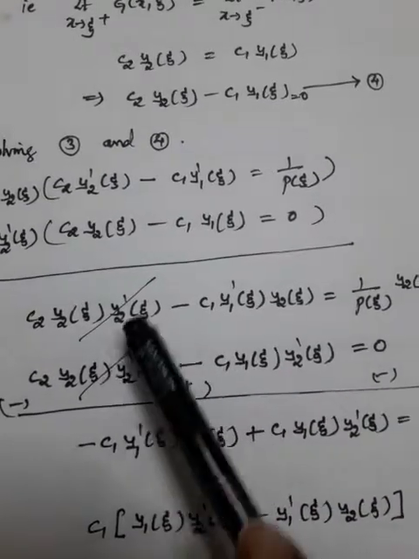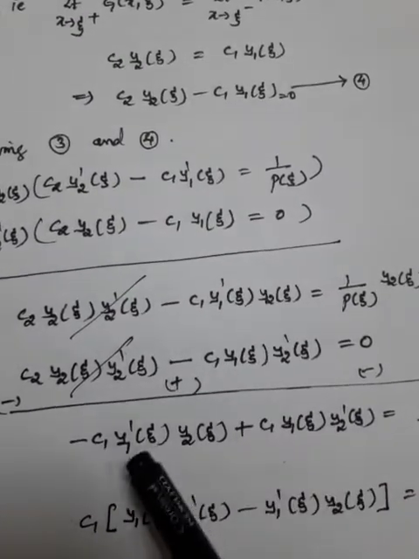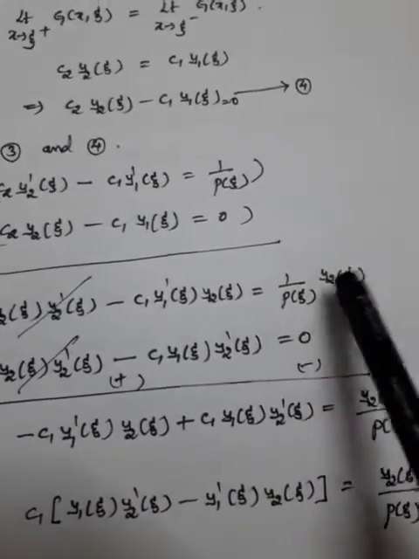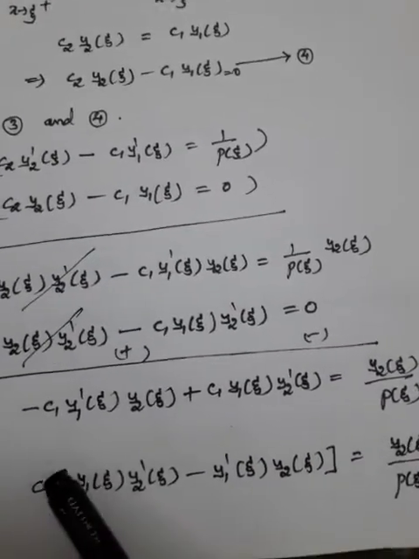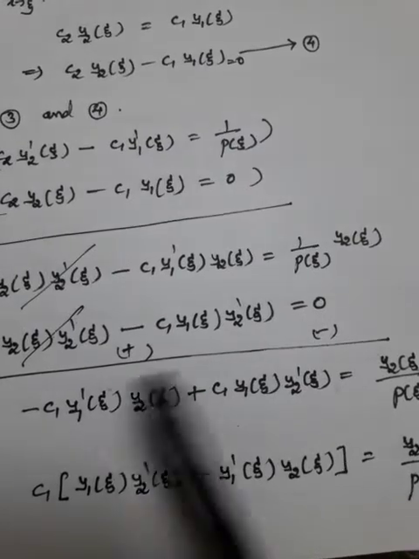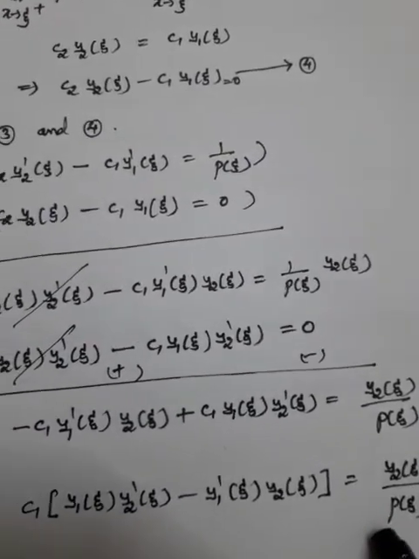Subtracting on both sides, these two terms cancel because both are similar. So c1 is common, we take this term first and this term next, equal to y2 of ξ by p of ξ.